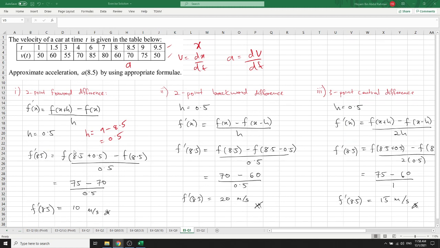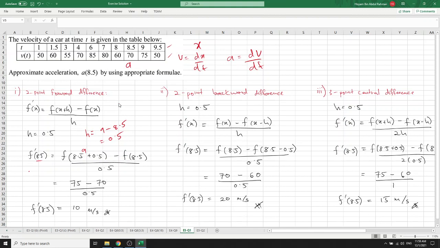Then we rewrite the formula. We want to find the first derivative, f prime of 8.5. We put the 8.5 in the equation: 8.5 plus 0.5 becomes 9, and then f(8.5), divided by h, which is 0.5.